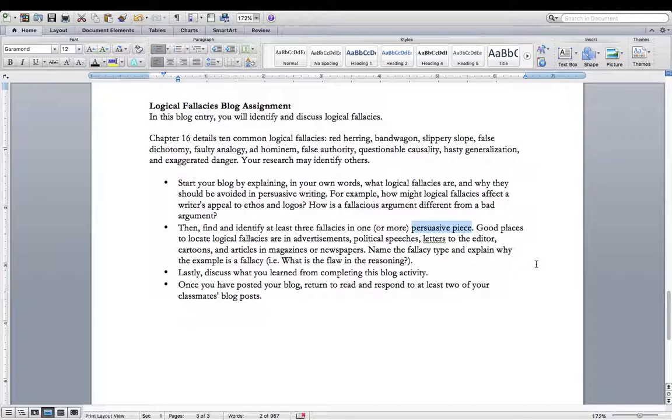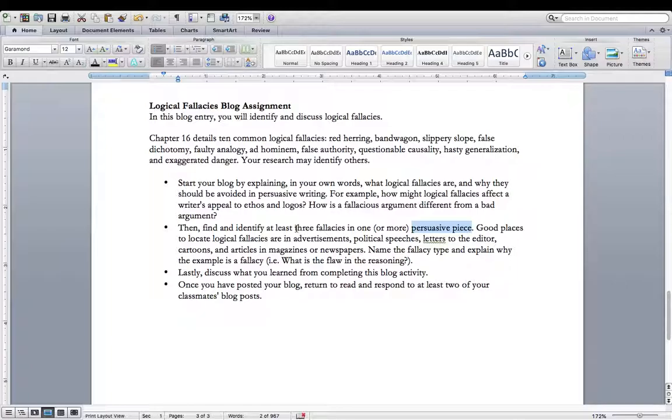And so then that begs the question, and begging the question can be a logical fallacy, but that begs the question of, well, then to whom is this piece attempting to persuade, and what are they trying to persuade them about? So you just want to make sure that whatever piece or pieces you identify actually have an author and a targeted audience.